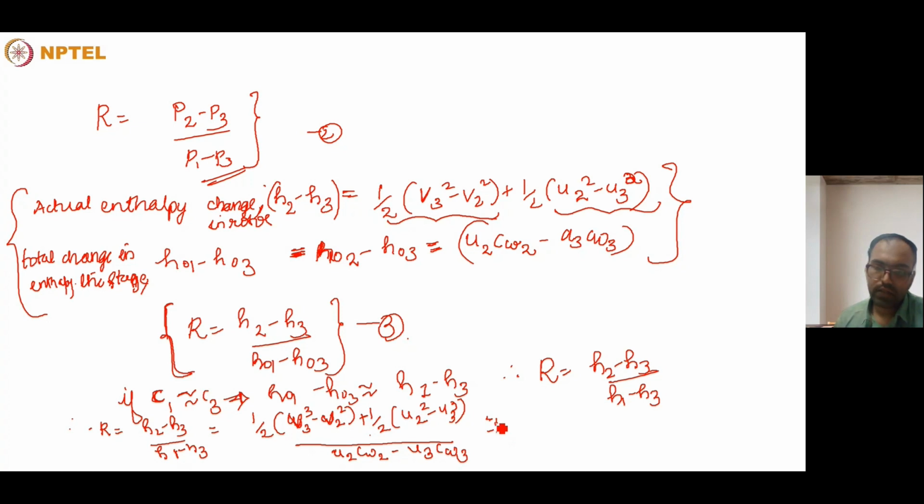For axial machines, we can write U3 equal to U2 equal to U. So we can take the U outside.